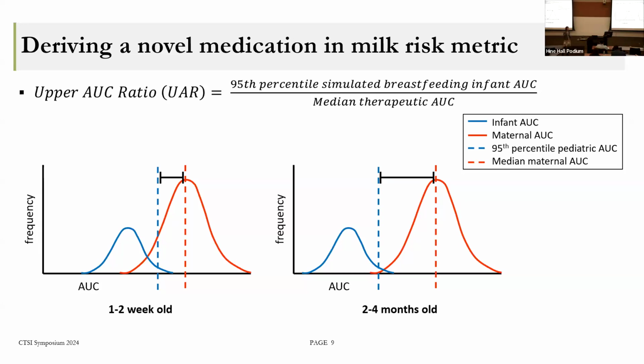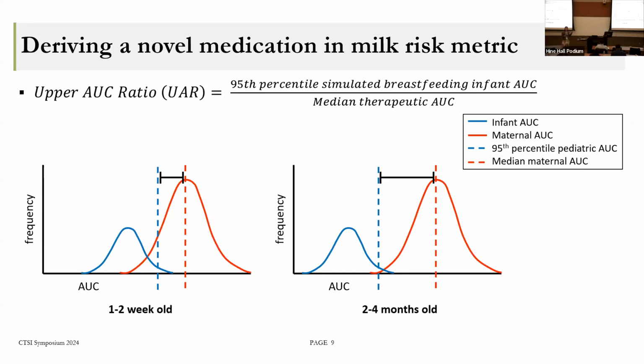To look at that a little more visually, at the bottom we see AUC on the x-axis, the AUCs that were simulated, and on the y-axis, the frequency. In blue, we have the breastfeeding infants' AUC simulated out, and in red, we have, let's say, the maternal AUC simulated out. The dashed blue line is the 95th percentile, and the red dashed line is the median.